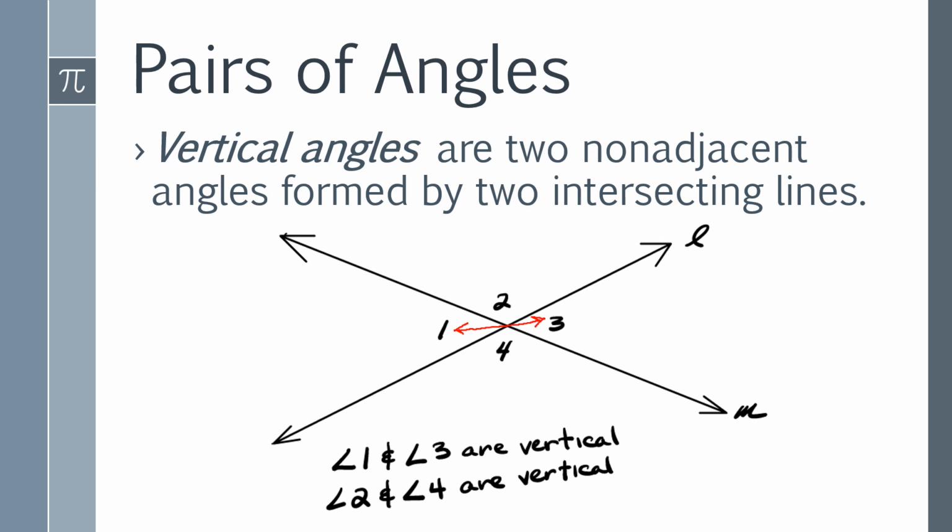They're formed by two lines, and the only point they have in common is the vertex. We can say the same thing about angle 2 and angle 4. Those are also vertical angles. They are not adjacent, and the only thing they have in common is that vertex.